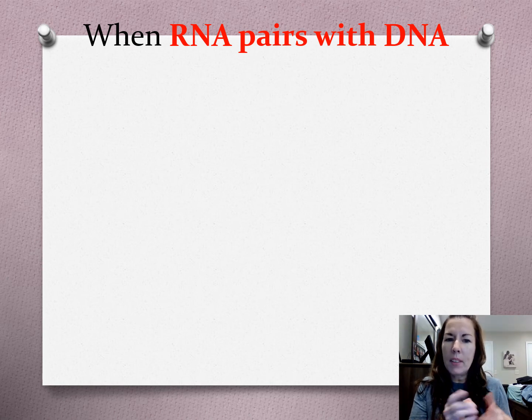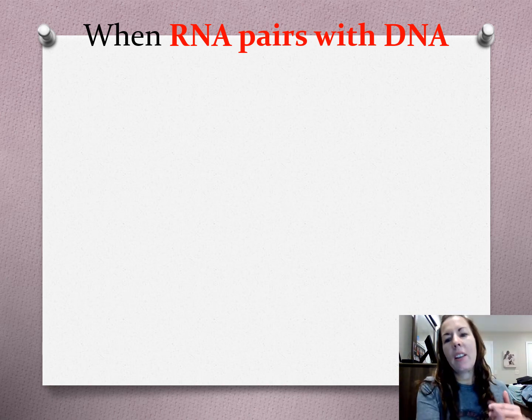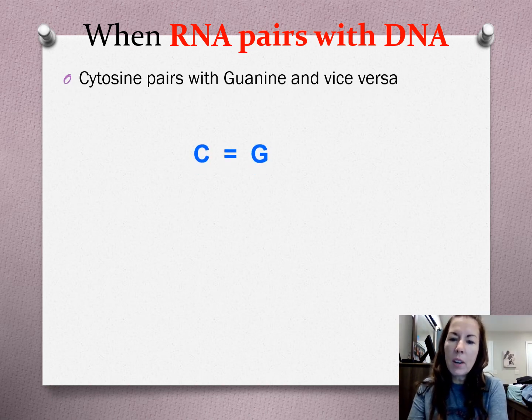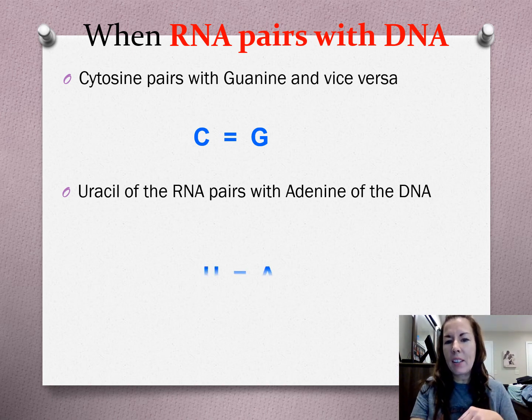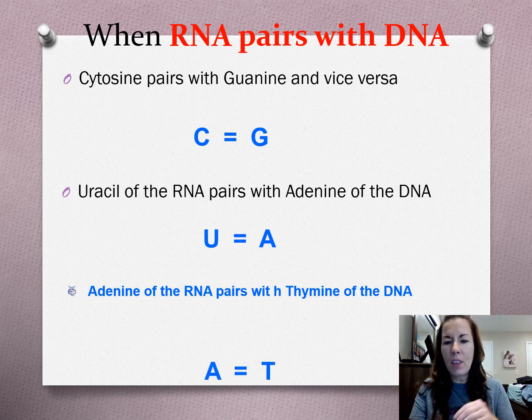So basically, RNA gets the memo from DNA by making a complementary base pair with DNA and then takes that memo to a ribosome. So cytosine pairs with guanine and vice versa. The uracil of RNA pairs with the adenine of DNA, and the adenine of RNA pairs with the thymine of DNA.